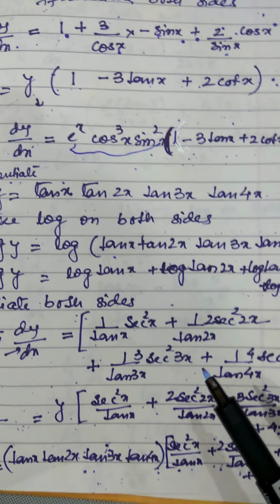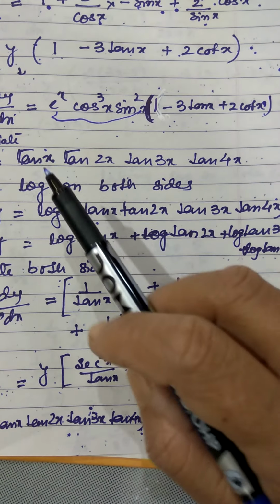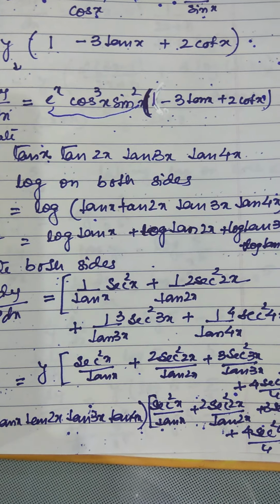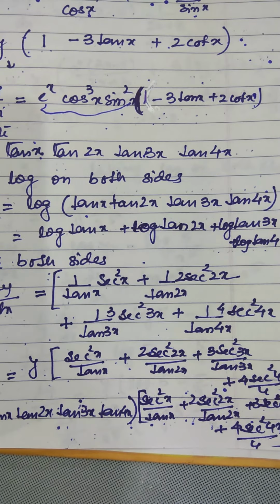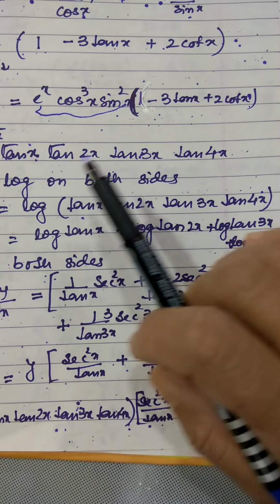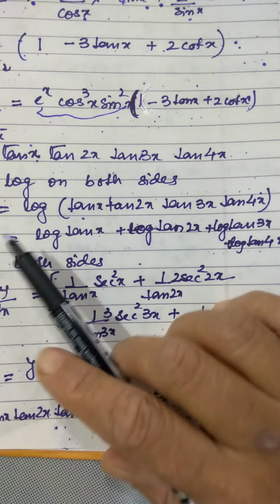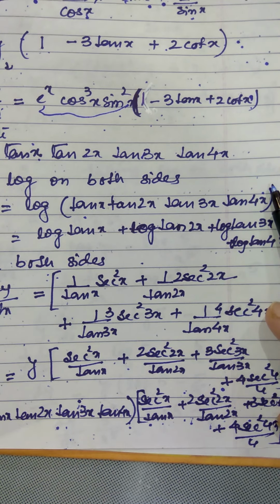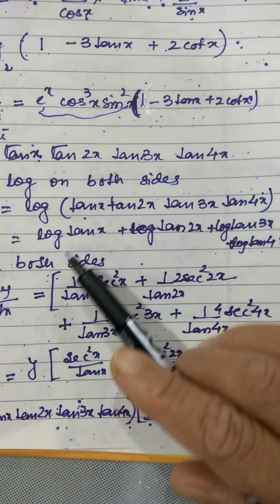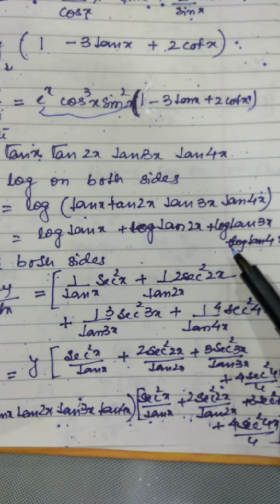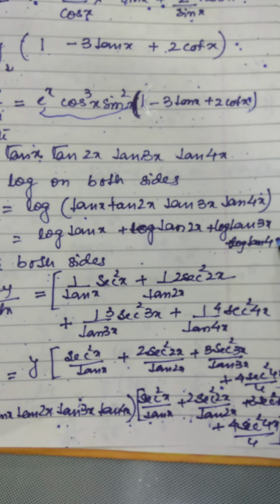Now you see, in this question we have a product of 4 functions. So applying directly is difficult. So what we do, we take log on both sides. Log y equals log of tan x tan 2x tan 3x tan 4x. So this becomes log tan x plus log tan 2x plus log tan 3x plus log tan 4x.